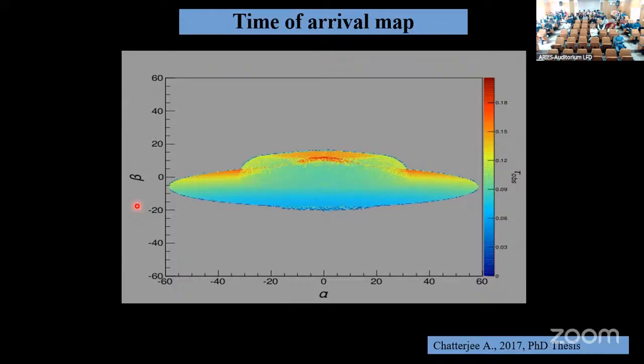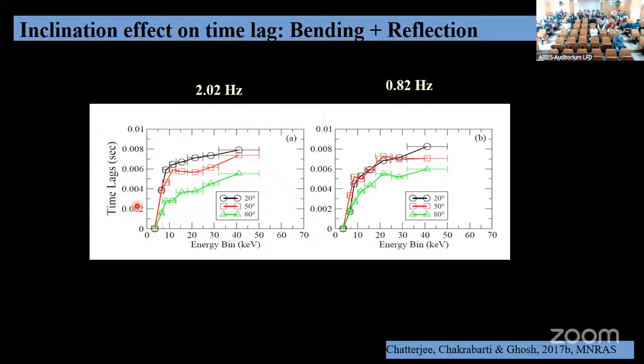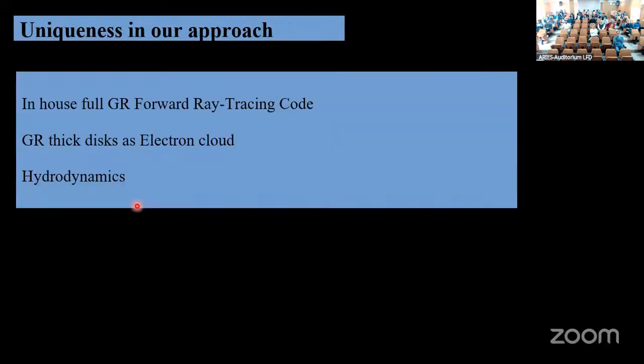And since our method is completely unitless, these are translatable to AGNs as well. So you can get the inclination effect. You will see that with higher inclination, the lag is getting lower and lower. For some reasons, it will change to soft lag when the jets are dominating. That is a completely separate aspect.